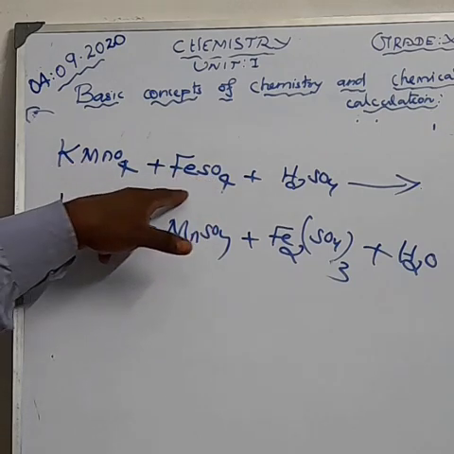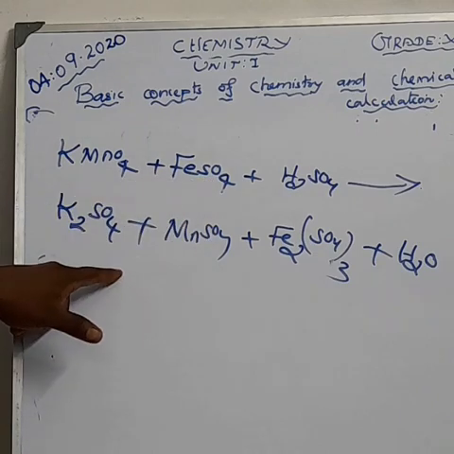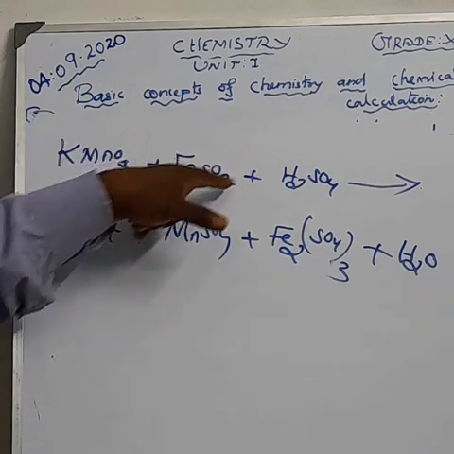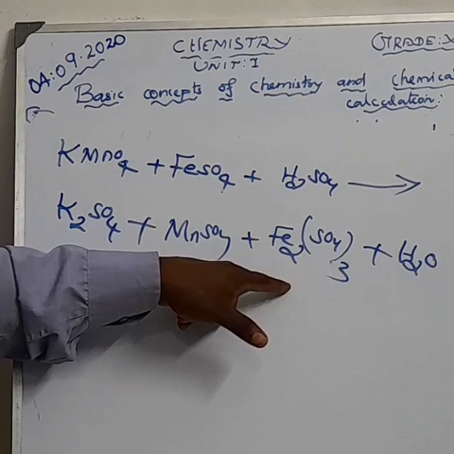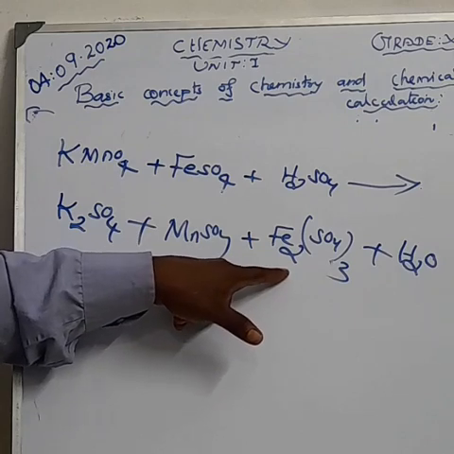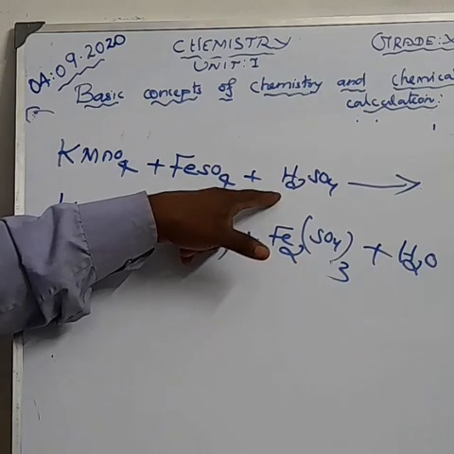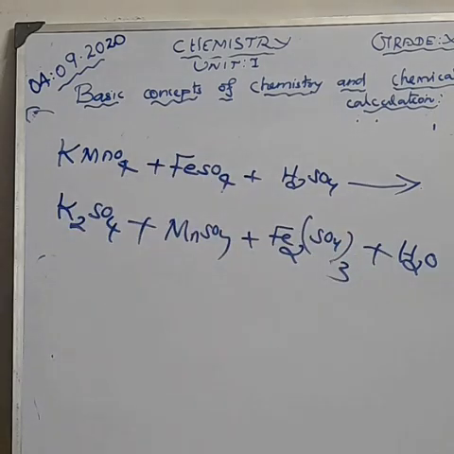Manganese combines with sulfate to form manganese sulfate, and ferrous sulfate is converted into ferric sulfate, formula Fe2(SO4)3, plus hydrogen and oxygen combine to form water. That's the equation.